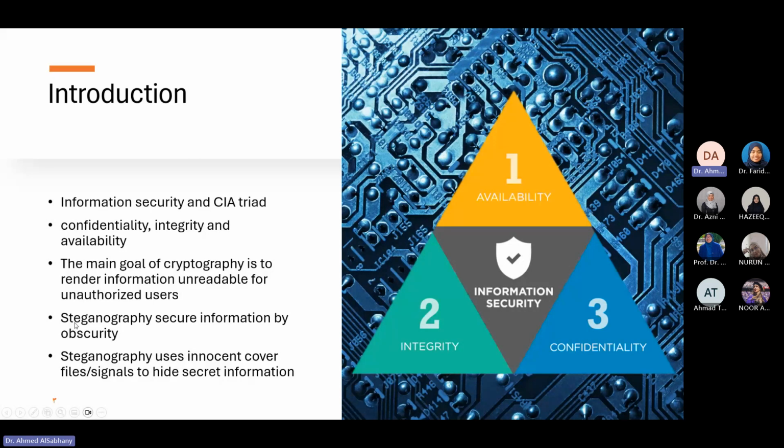Steganography secures information by obscurity. What do we mean by obscurity? If we consider cryptography, Alice will send an encrypted message to Bob. An attacker or an intruder will see and capture the encrypted message and will know about its existence, and he could maybe relate the actions of Bob to the encrypted message.